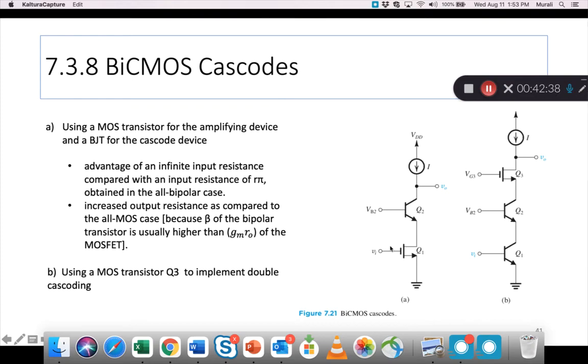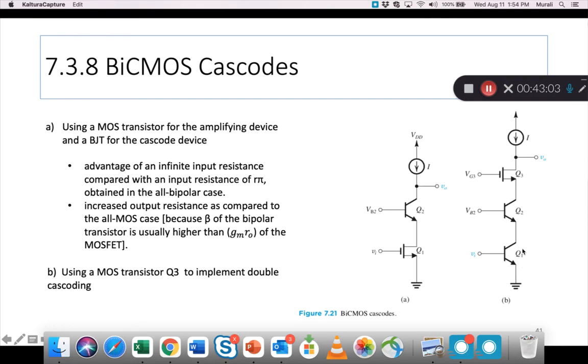And here what you see is two possible variations. In one, the gain cell Q1 is a MOSFET, and the cascode device Q2 is a BJT, an NPN.